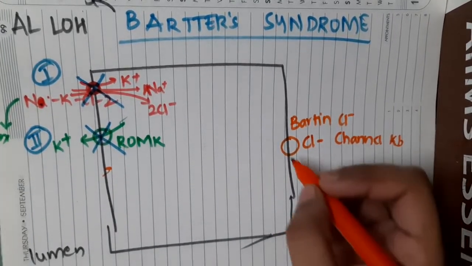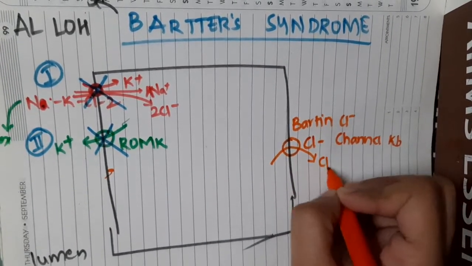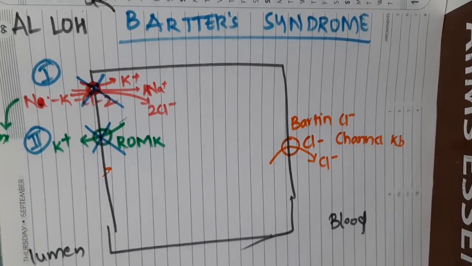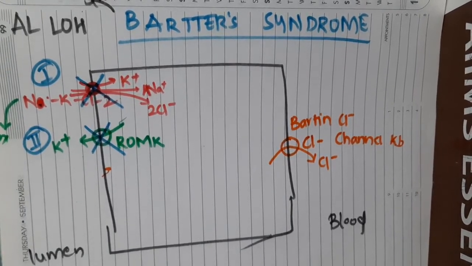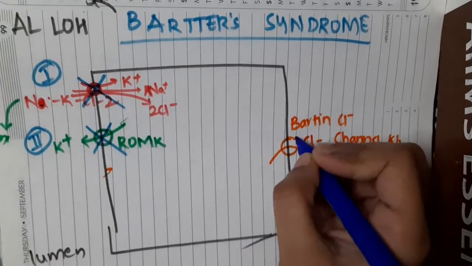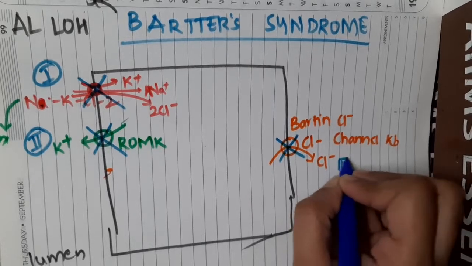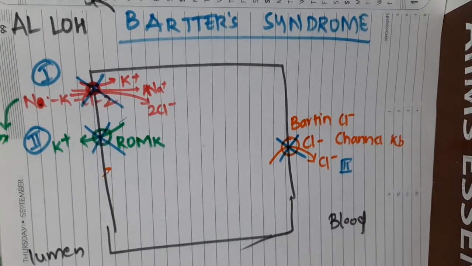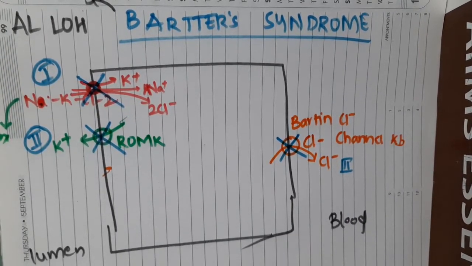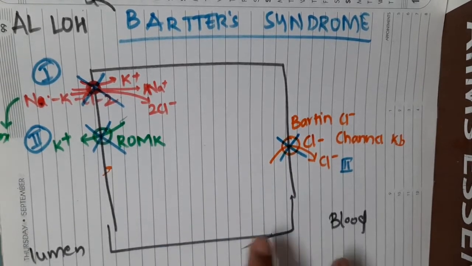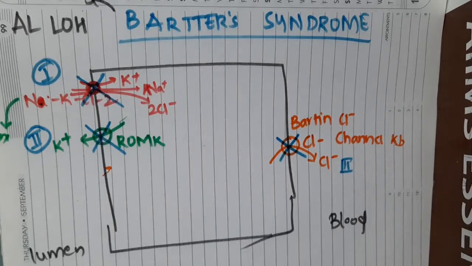This channel helps in reabsorption of chloride. Whenever there is a defect in this chloride channel, this will cause type 3 Bartter syndrome. Because of this, there is no chloride reabsorption, so chloride is excreted.